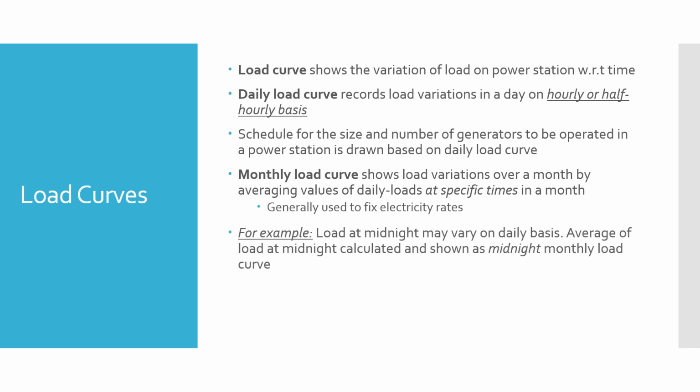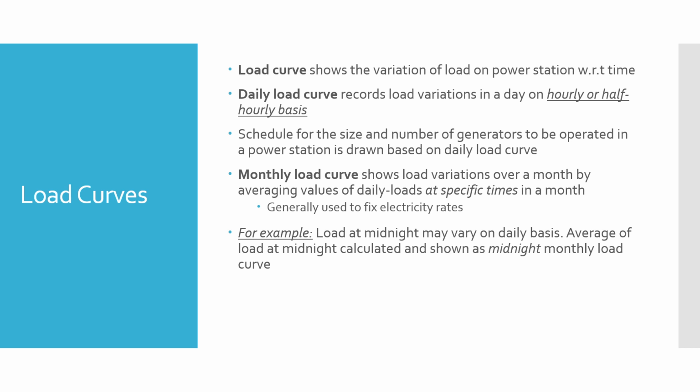If the load at midnight, like at 12 a.m., varies on a daily basis, the average of the load at midnight is calculated and shown as the midnight monthly load curve.